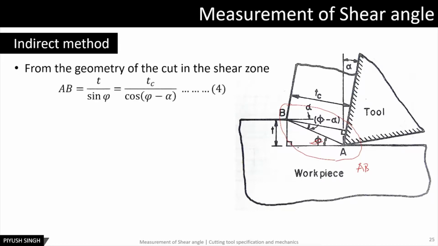Now AB is equal to t upon sin phi, which is equal to tc upon cos(phi minus alpha). Do you agree with this?